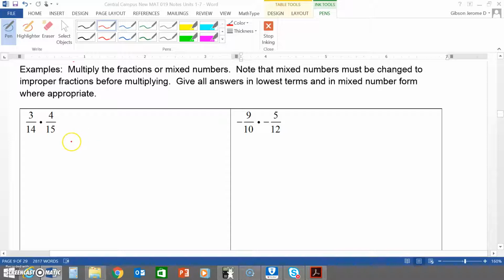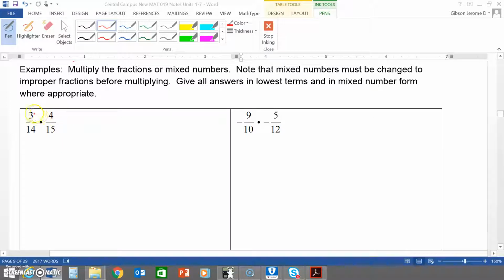One, if the instructor tells you to write it as a mixed number. And two, if the directions tell you to write it as a mixed number. Or three, if you started out with a mixed number and you had a possibility of giving a mixed number for your answer, you should give a mixed number as your answer.